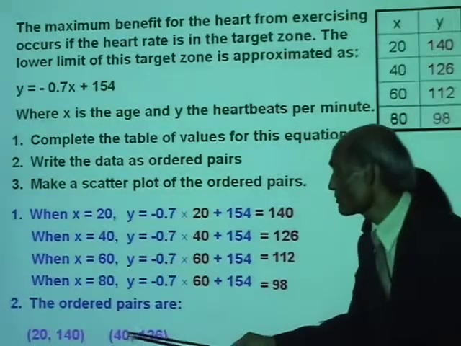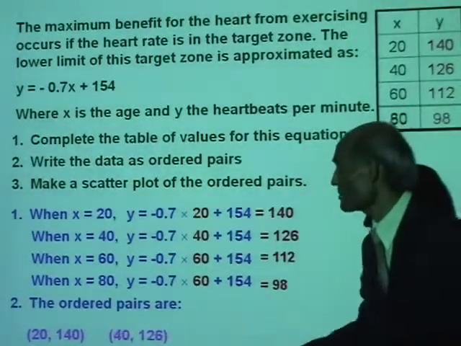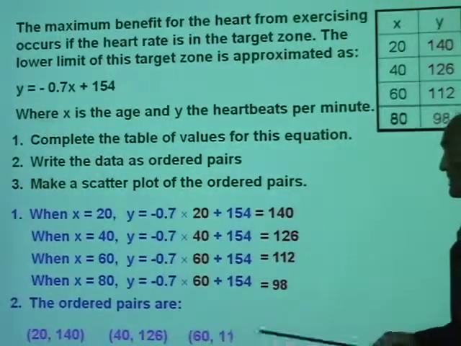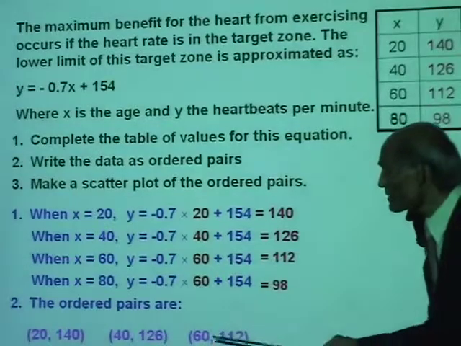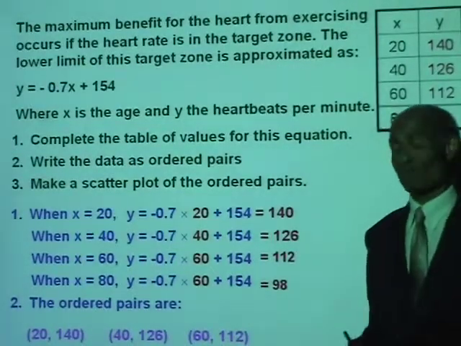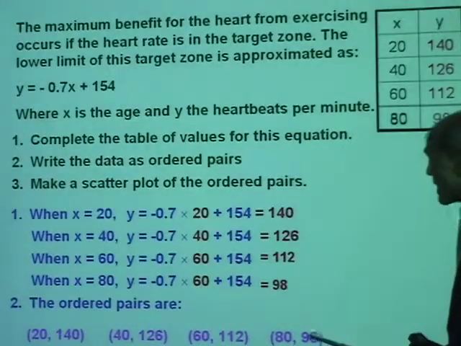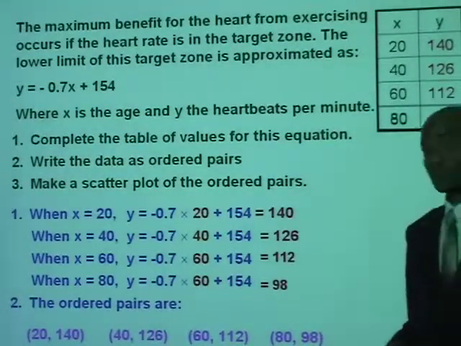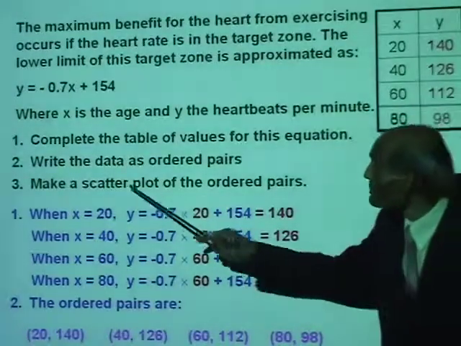Alright, when x equal to 40, y equal to 126 is the second ordered pair. X equal to 60, y equal to 112 is the third ordered pair. X equal to 80, y equal to 98 is the fourth ordered pair. Alright, let's now do the third.